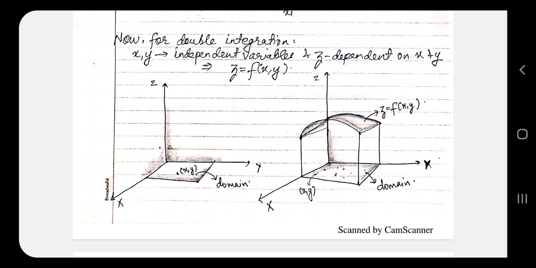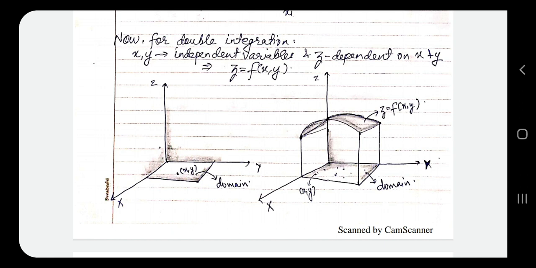That represents my domain. For simplicity, I am deliberately taking my domain as a rectangular shape, and the point x, y represents a point in my domain. For every such point, I am going to plot z. That z will represent a surface in 3D.